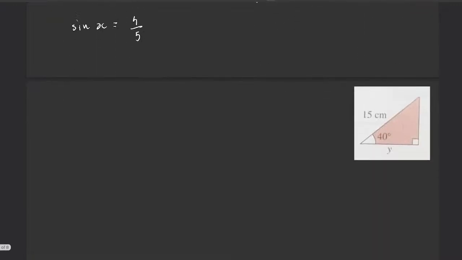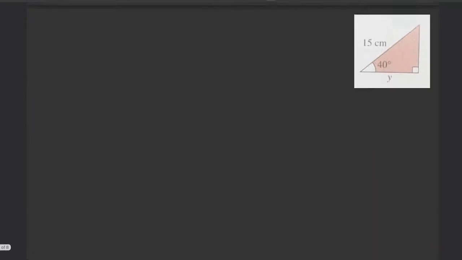Next example. Right, so let's start identifying our sides. We are given our angle theta, that is equal to 40 degrees. The side that is opposite our right angle is given to us as our hypotenuse, right?